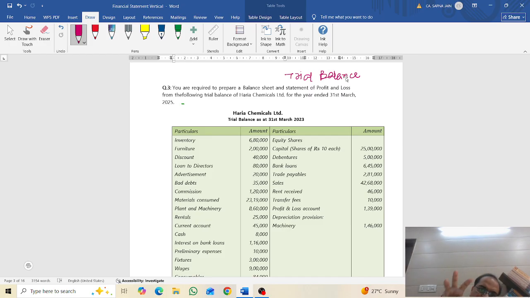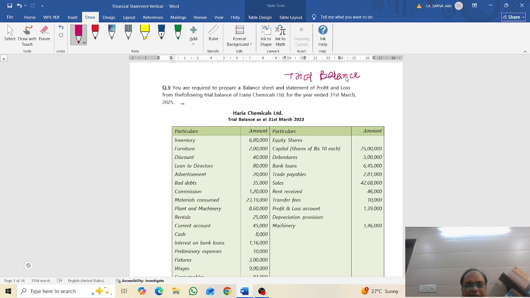The next step is close all the ledgers and cash book. And the fourth step is write down all the closing balances on paper of each and every ledger. So this is called trial balance.